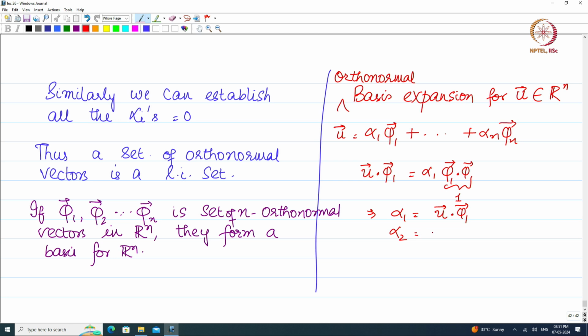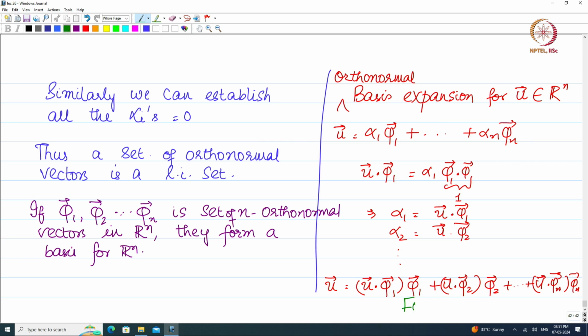Similarly, alpha 2 is equal to u dot phi 2, etcetera. Therefore, the orthonormal basis expansion for u is u dot phi 1 into phi 1 plus u dot phi 2 into phi 2 plus etcetera plus u dot phi n into phi n, and this is what we call the Fourier basis expansion or Fourier expansion.